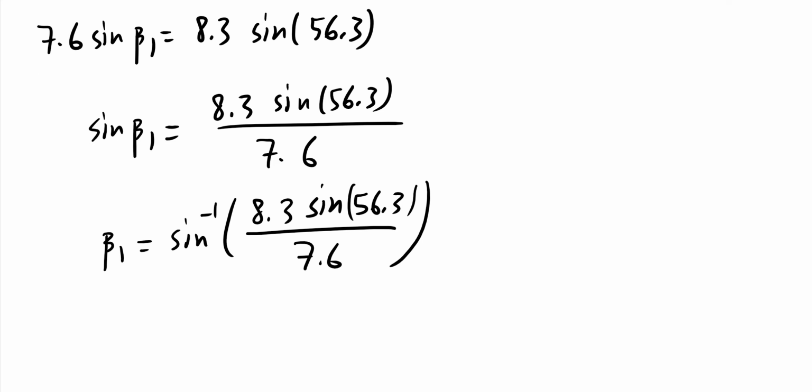If we put this into the calculator, let's see what that's going to give us. Again, make sure the mode is degrees. So 8.3 sine 56.3 and divide that by 7.6. Notice it gave me 65.31.